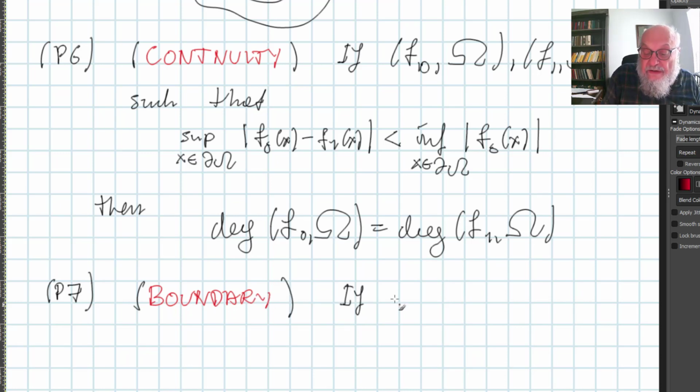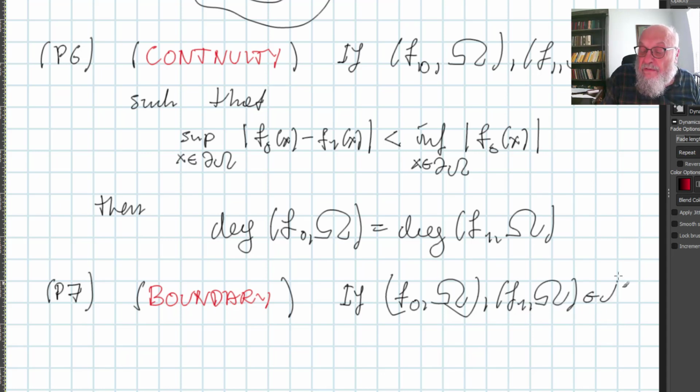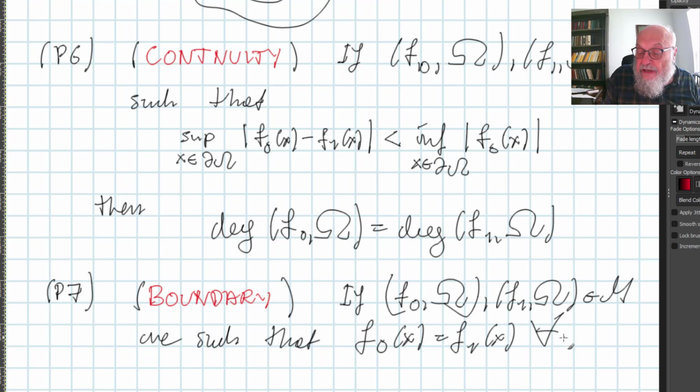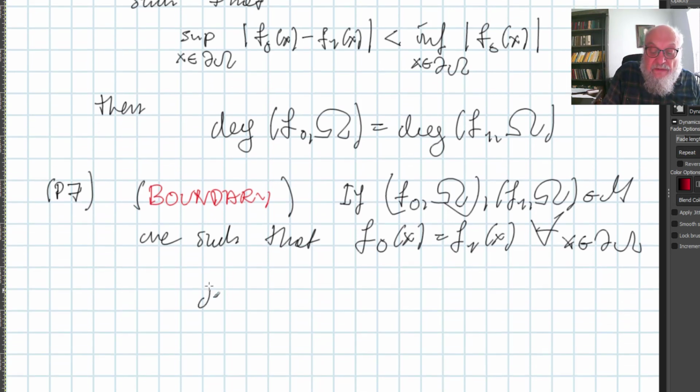Namely, if f0, omega and f1, omega belong to M and are such that f0 of x is equal to f1 of x for every x belonging to the boundary, then exactly the same conclusion is satisfied.